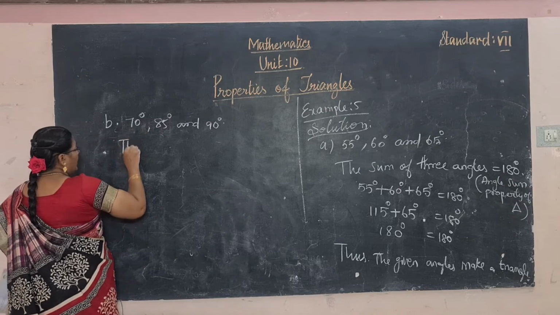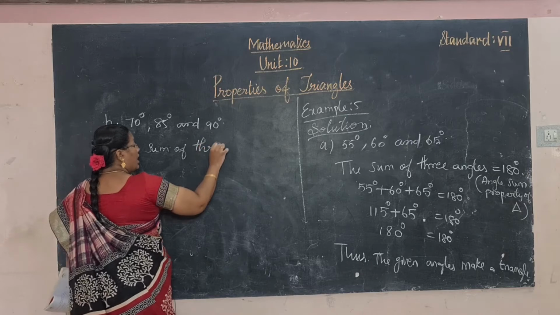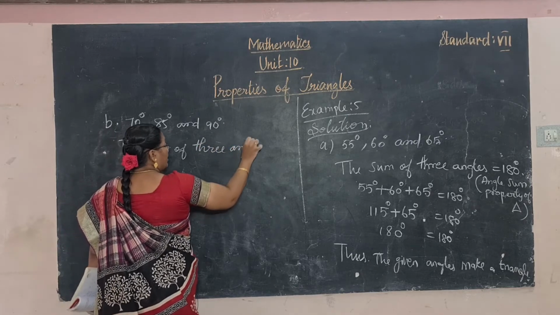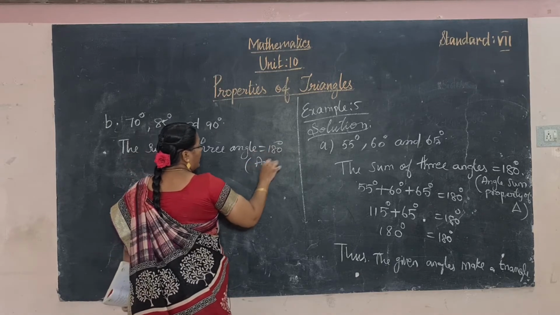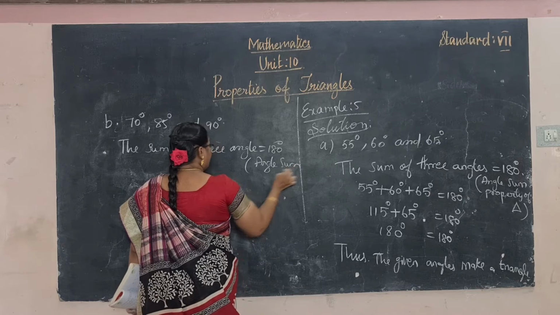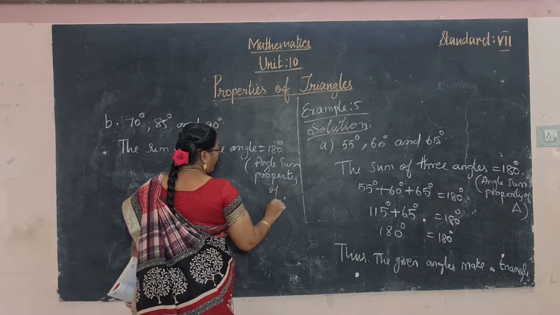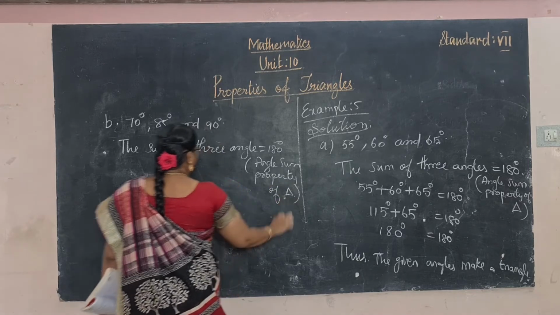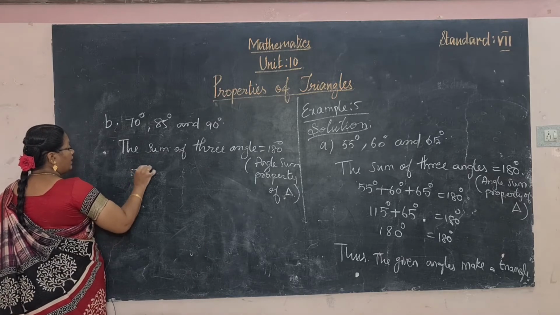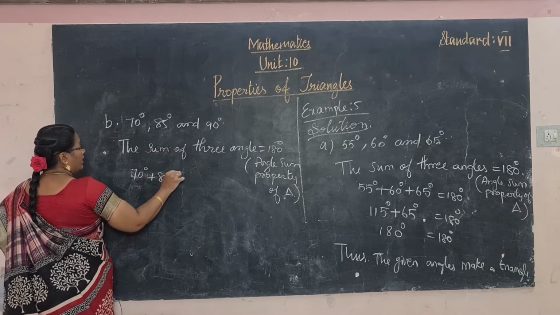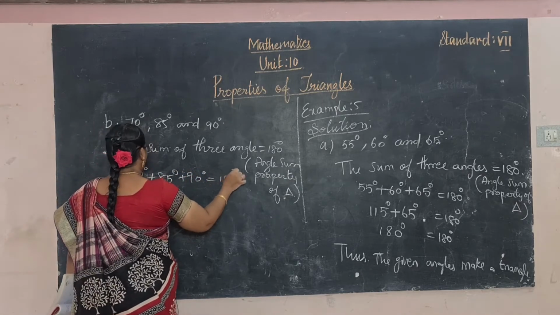The sum of three angles is equal to 180 degree. In a bracket, angle sum property of triangle. So add the angles 70 degree plus 85 degree plus 90 degree equal to 180 degree.